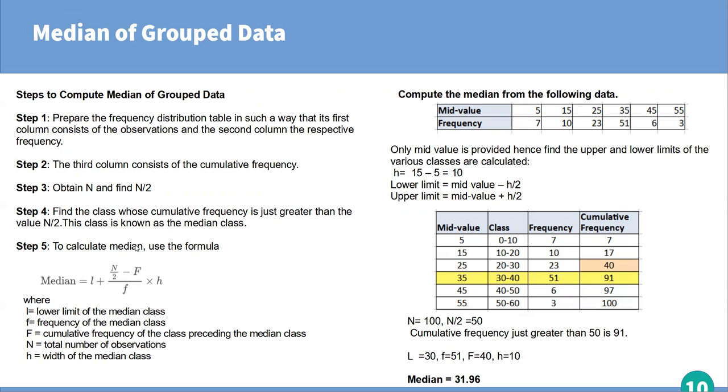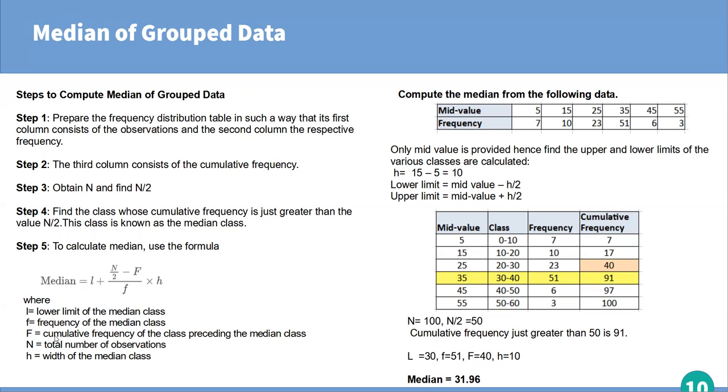Now, using this formula, calculate the median. We need the lower limit of the median class. In this case, it is 30, so l is equal to 30. f is equal to the frequency of the median class, so we have f is equal to 51.